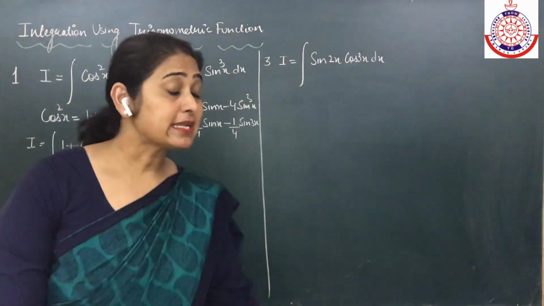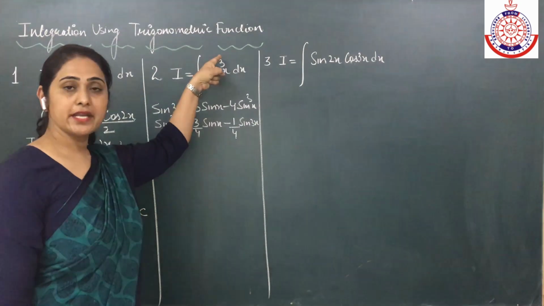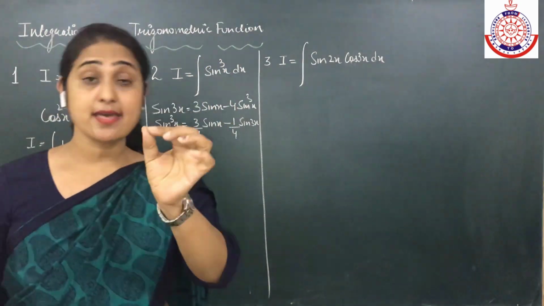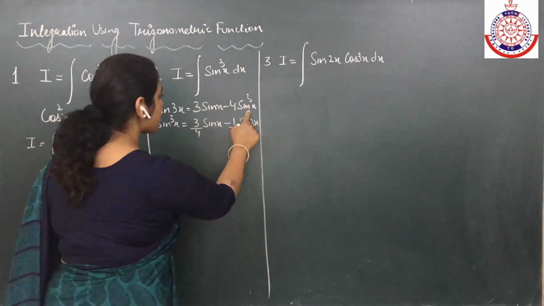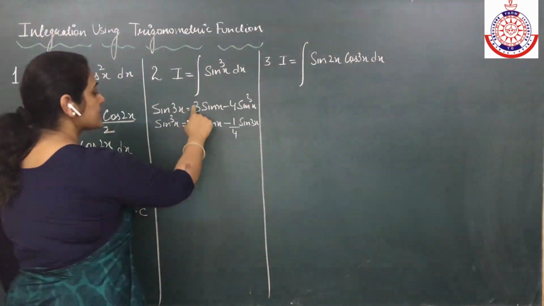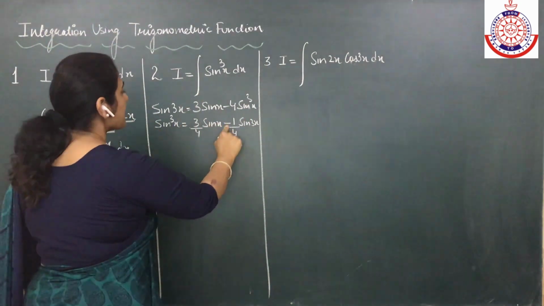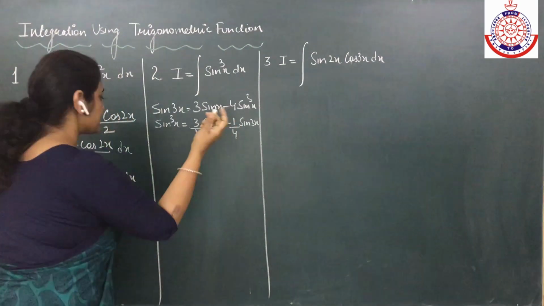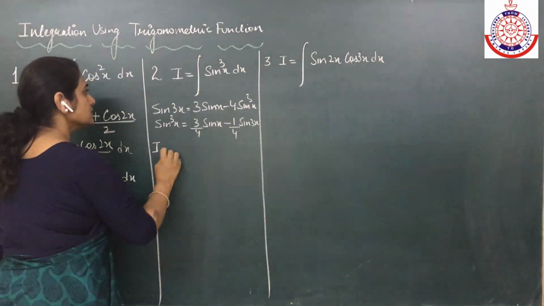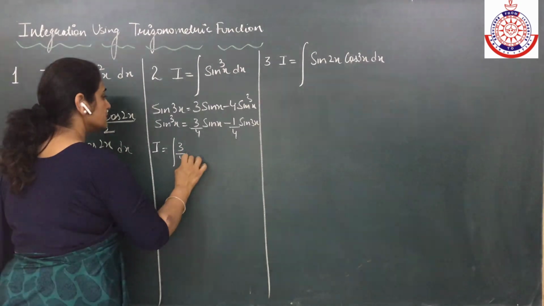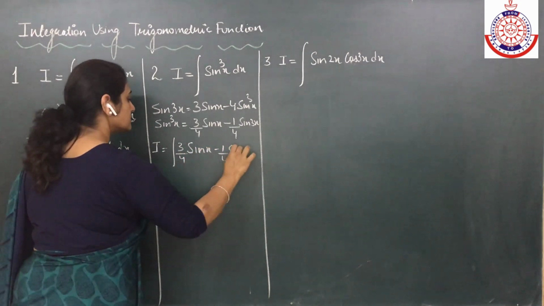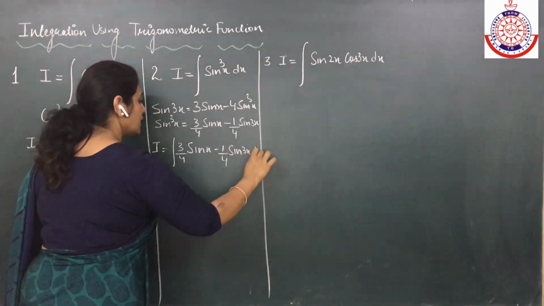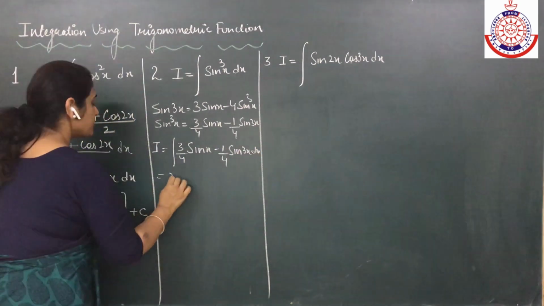Clear? Because my target was that. I can't integrate sine as long as the cube is there. So using this formula, I have found the value of sine cube, that is 3 by 4 sine x minus 1 by 4 sine 3x. Put the value. Integrate 3 by 4 as it is.